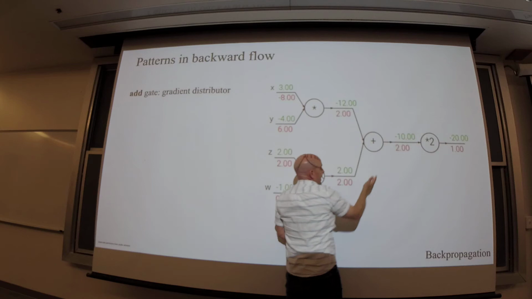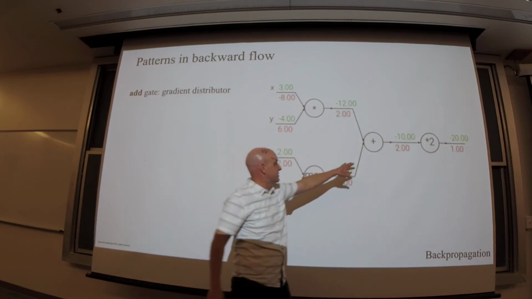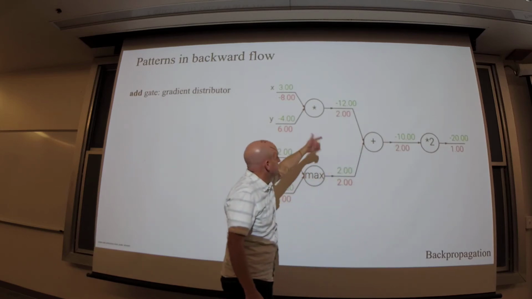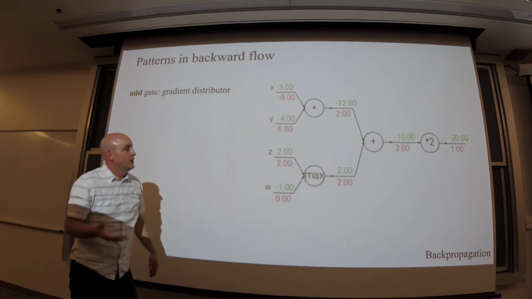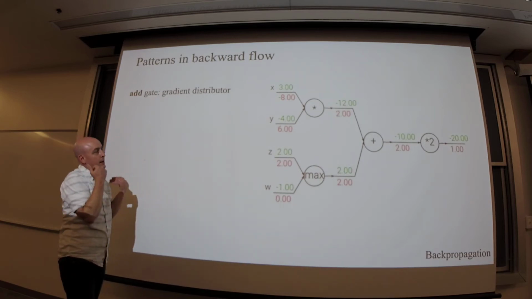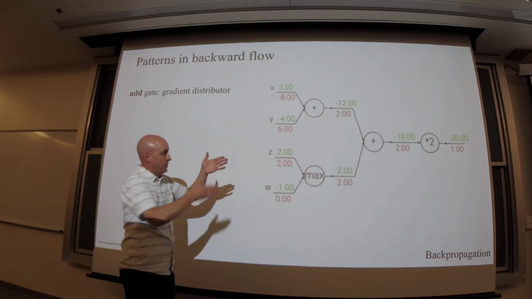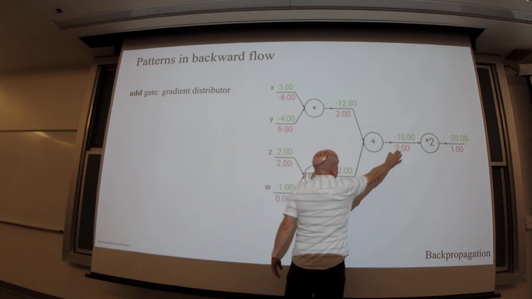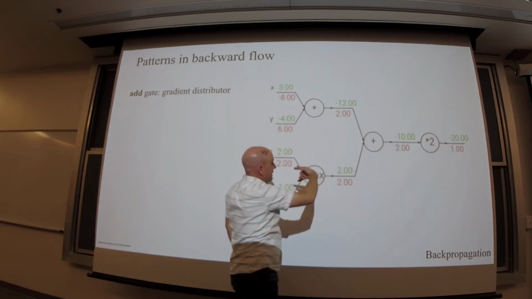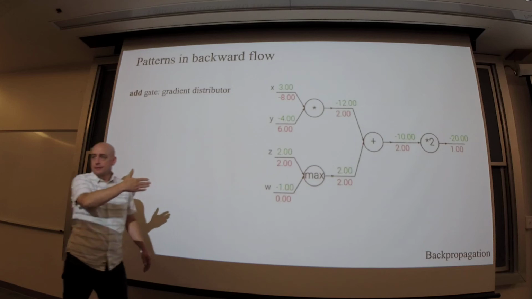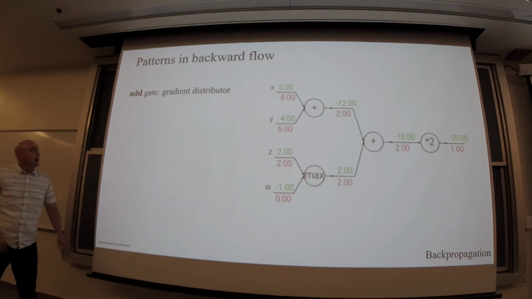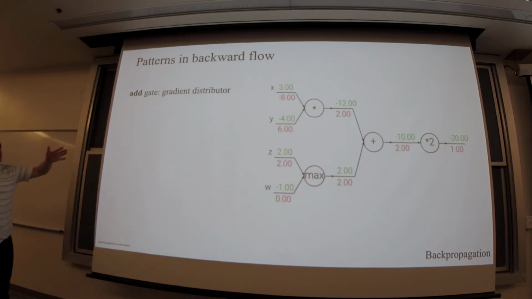When we take the partial derivative of this sum with respect to any of the inputs, we just get a 1. So the local gradient is a 1 times the upstream gradient. All the branches just get the upstream gradient. So you might think of the add operation as just a distributor of the gradient.